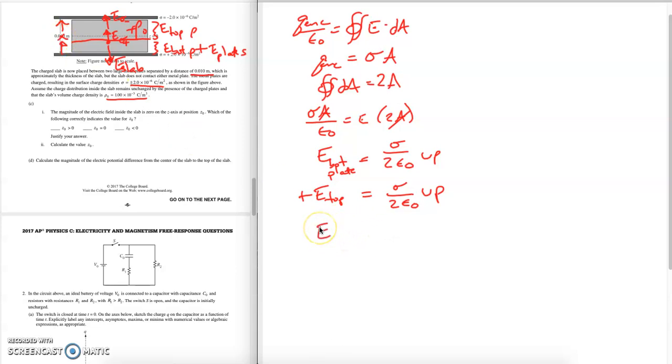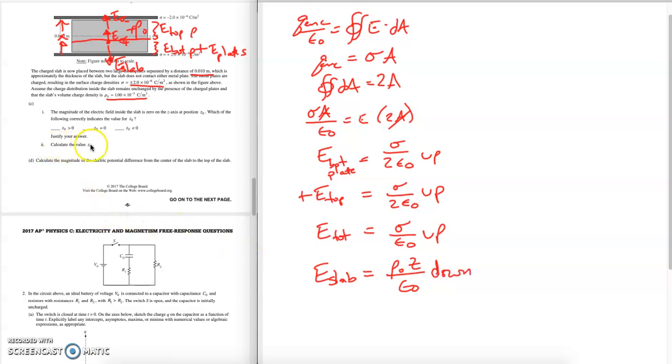So then that means E total from the two plates is sigma over epsilon naught. And don't forget that they've given us a sigma. And this guy's going to be up. And what we want from the slab is going to be rho z over epsilon naught, and that's going to be down.